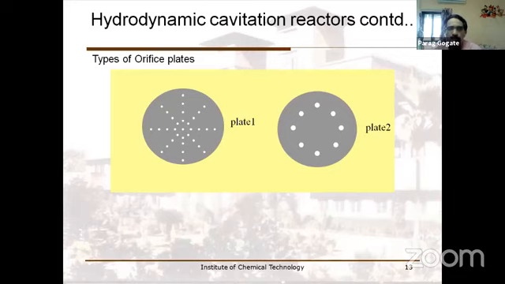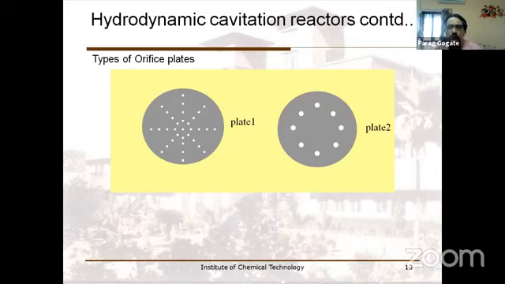In the case of orifice plates, I was just talking, you can have a variation in terms of the number of holes and also shapes. Now, experimentally, what we have seen is it is quite easy to drill circular holes, but theoretically you can even think of triangular holes. You can also think of rectangular, square, hexagonal holes.